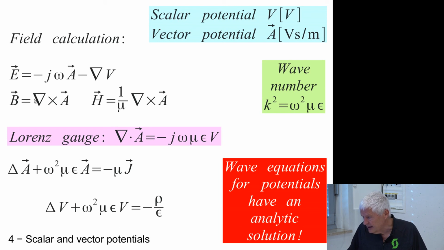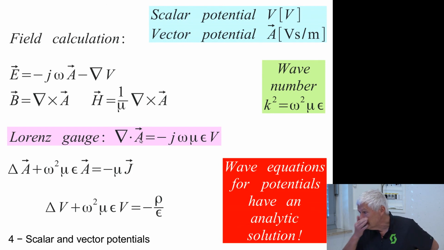So the curl and the divergence are two completely different independent operations. So it makes sense to introduce some expression for the divergence, and the most convenient way to do it is the Lorentz gauge.